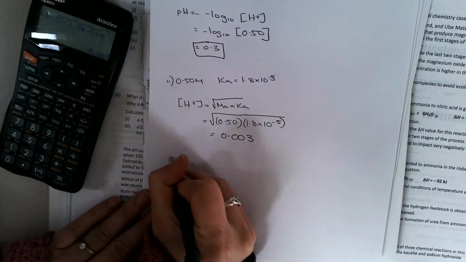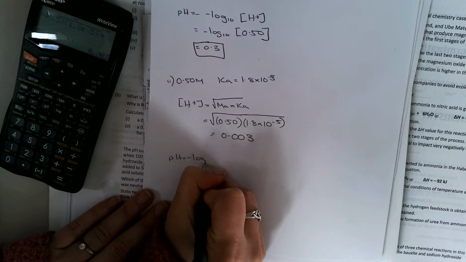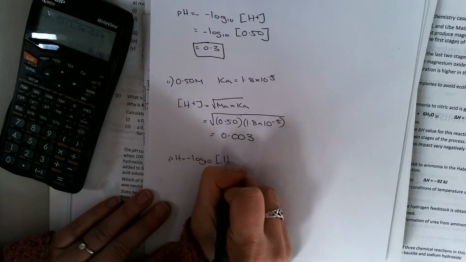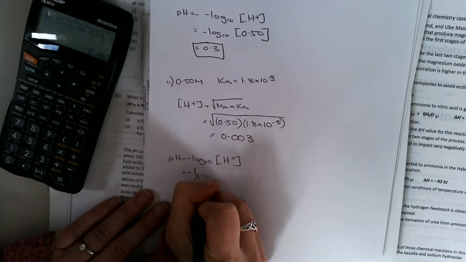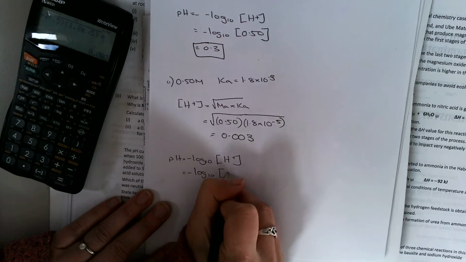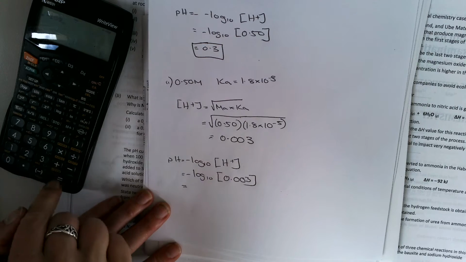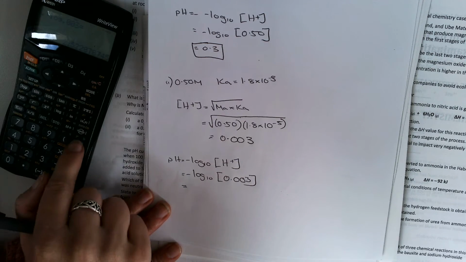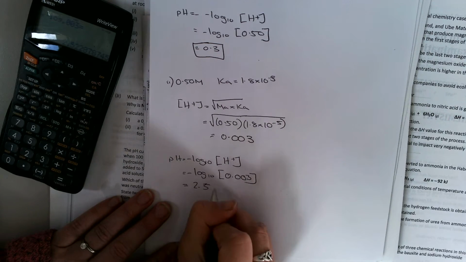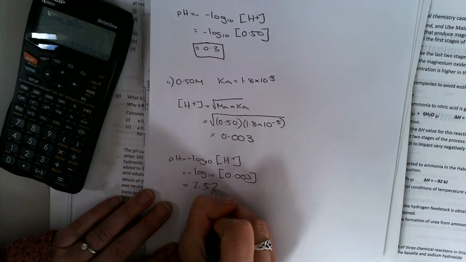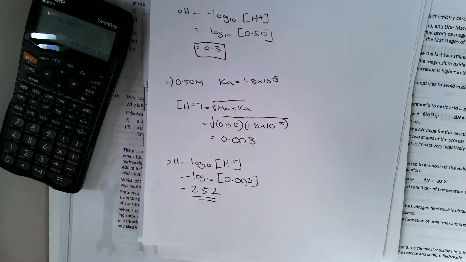So then my pH equals minus log to the base 10 of my H plus ion concentration, minus log to the base 10 of 0.003, and that gives me an answer there of 2.5228, so 2.52 is my answer for that. Okay, so that is both of your calculations there.